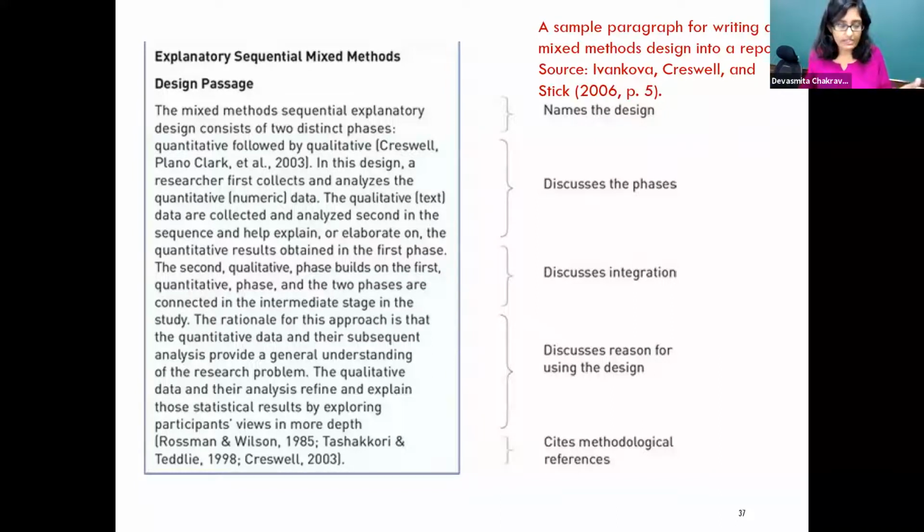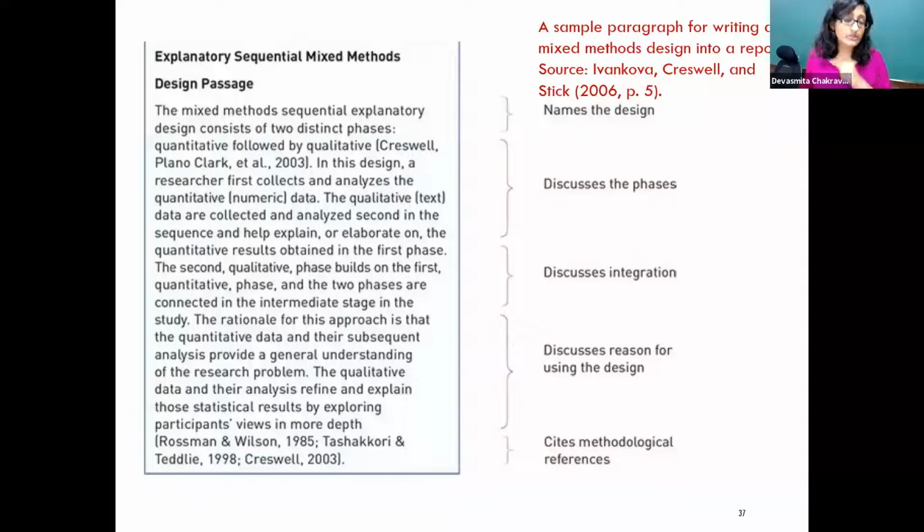This is specifically the explanatory sequential, the second kind of design. We'll read the paragraph. We start with naming the design itself. A paragraph has different components. In this case, first you name the design, then you discuss the phases, then you discuss the integration, then you discuss the reason for using the design.